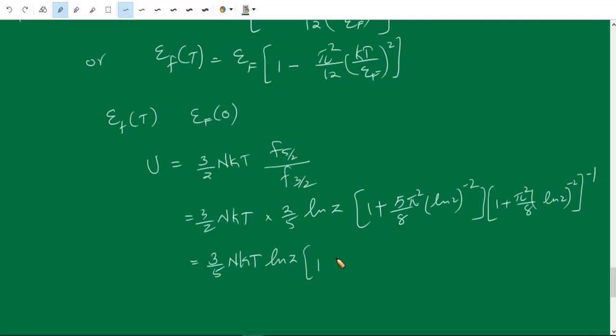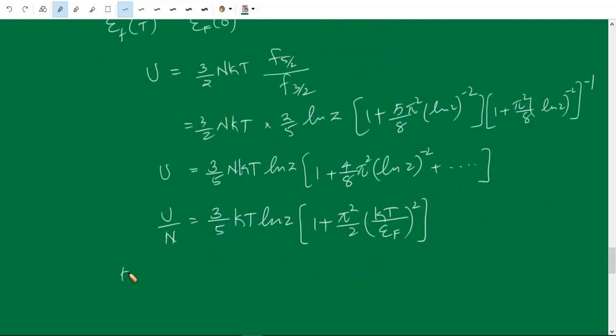So we can write 1 plus 4 by 8 pi square log z raised to minus 2, etc. Okay, kT log z is equal to the chemical potential, which is equal to EF into 1 minus pi square by 12 kT by EF.